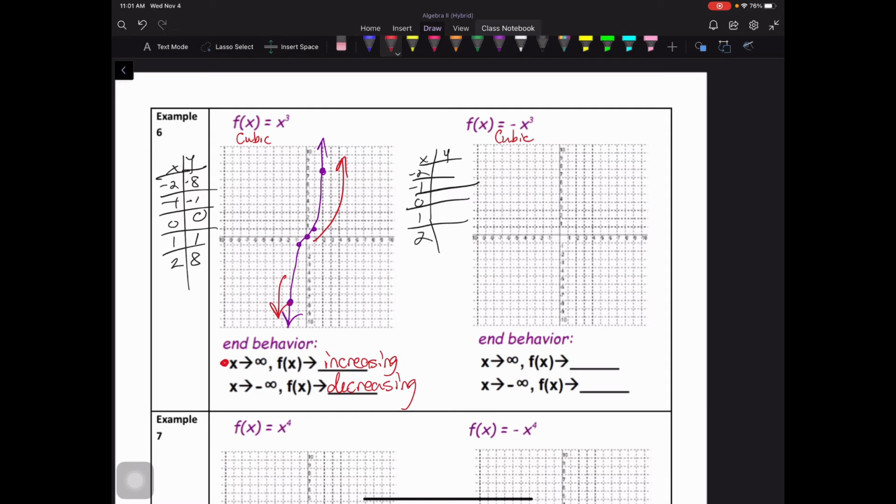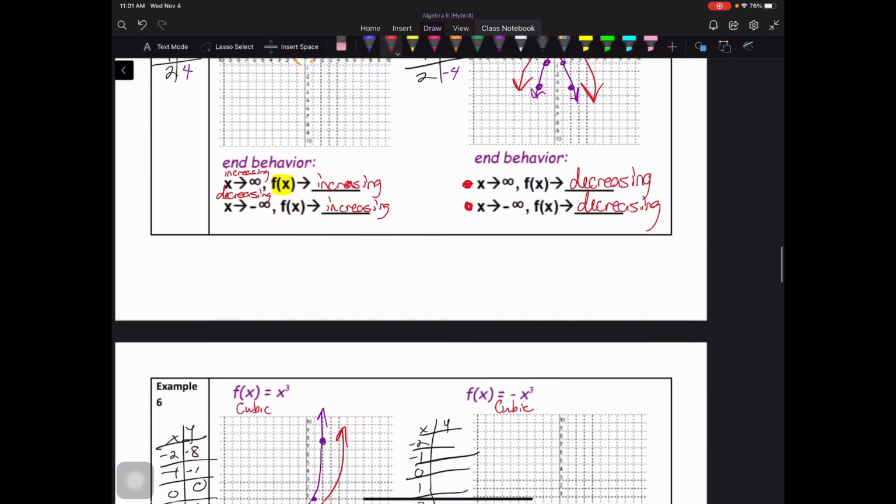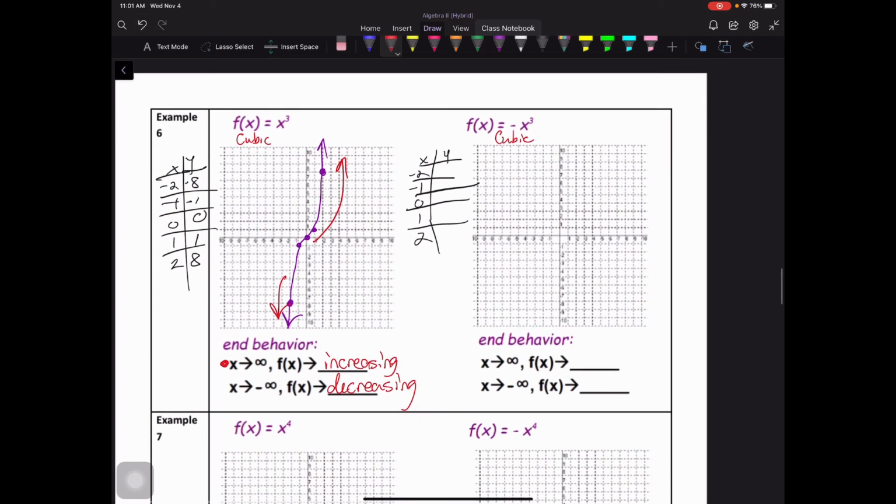Okay, for a cubic but with a negative in front, it's going to be similar to the quadratic with a negative in front. We are going to cube the number and then flip the sign, basically. So -2 cubed is -8, but then this negative out front makes it +8. So -2, +8.